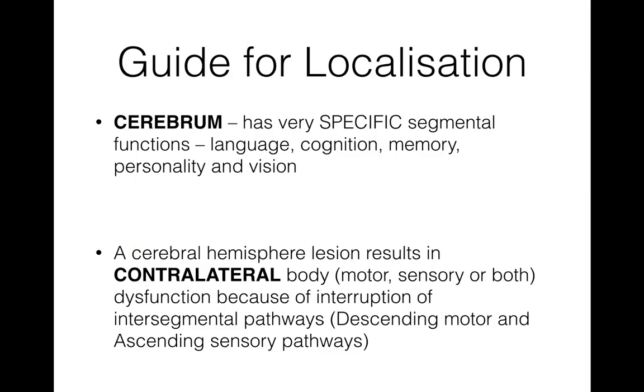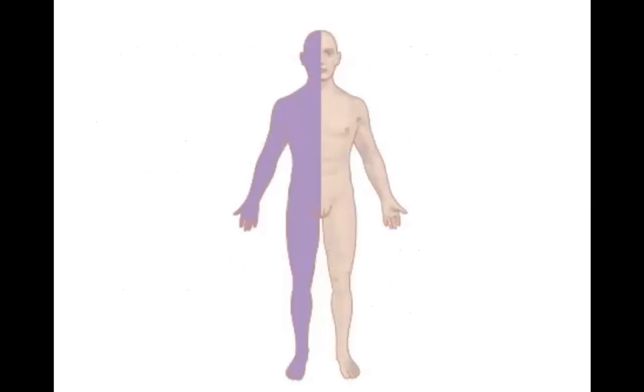The opposite side of the body is the one that would have a presentation. This is what I'm talking about. If the lesion is located on this side of the brain, the manifestation would be seen on the contralateral side. So that is a telltale sign of a supratentorial lesion.